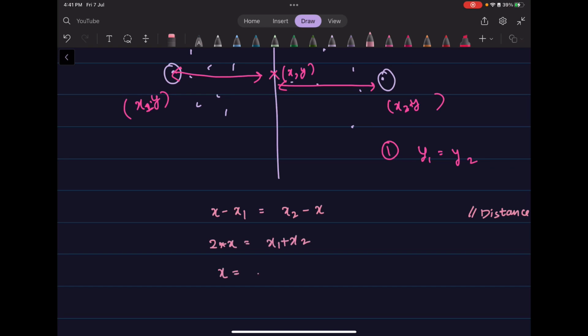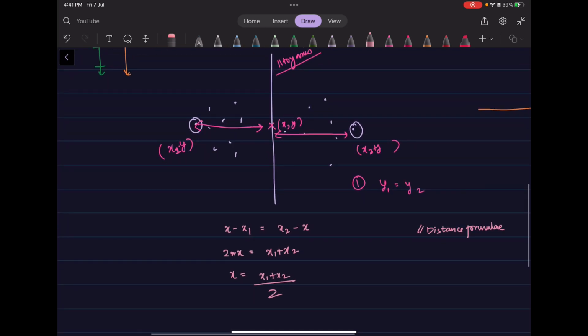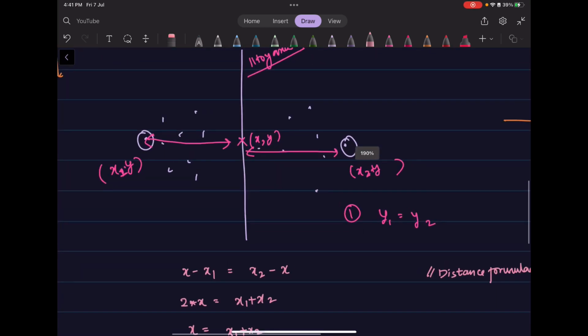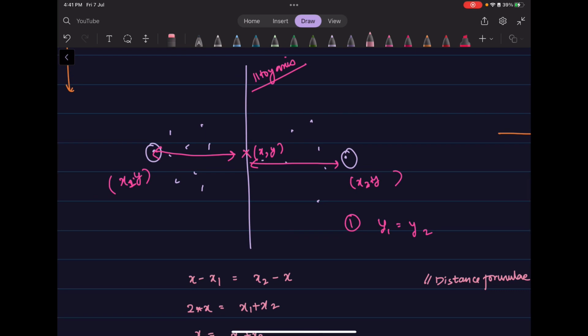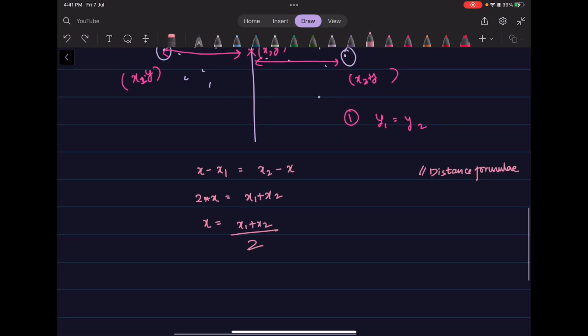I can say that x is equal to x1 plus x2 by 2. Even if I were not to use any equation, it's kind of intuitive and self-explanatory that the mirror line would definitely lie in between these 2 points. So now we know that x is equal to x1 plus x2 by 2.